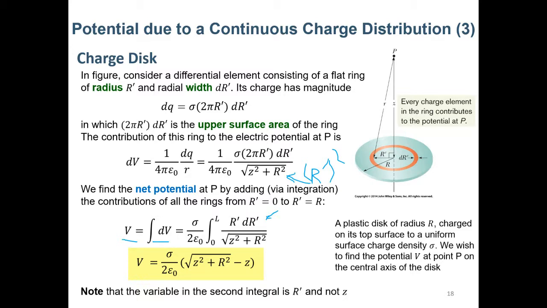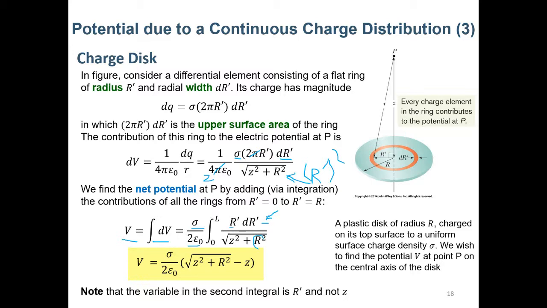Yeah, 4 pi, 2 pi and 4 pi is reduced to be 2, so 2 epsilon 0 here. Sigma is a constant. So dr will be here, and r prime is here.